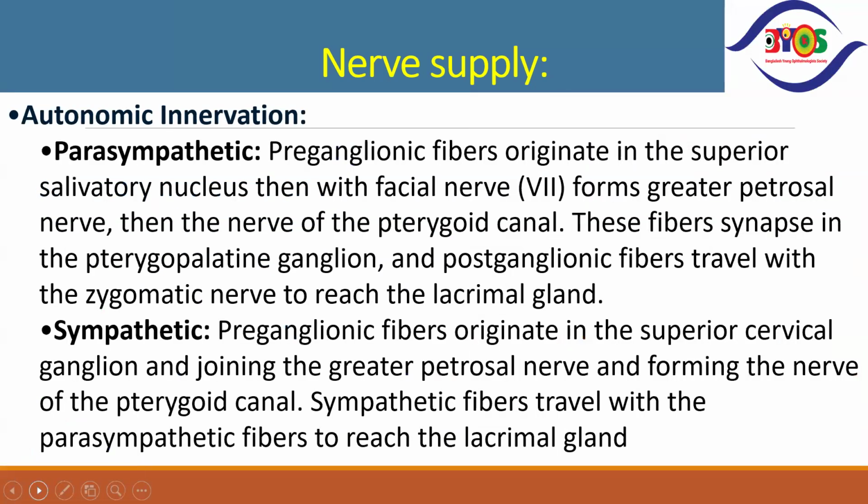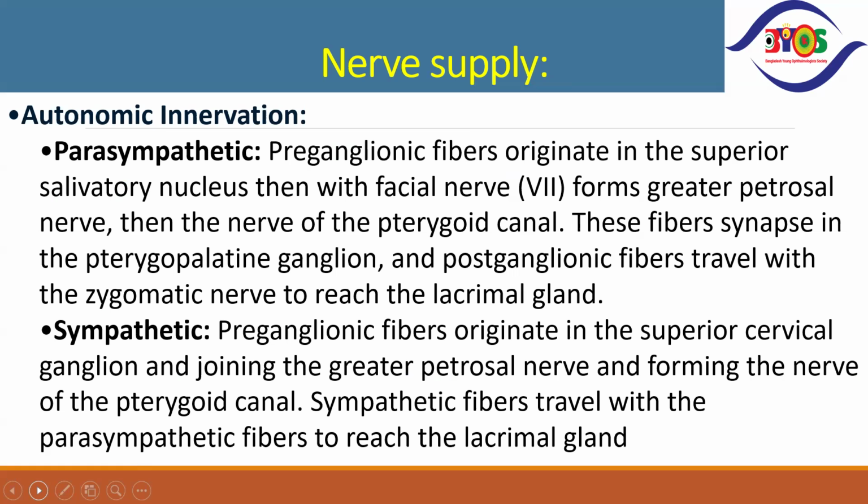Then the autonomic innervation, which consists of the parasympathetic, has preganglionic fibers that originate in the superior salivatory nucleus. Then with the facial nerve they form the greater petrosal nerve, then the nerve of the pterygoid canal. These fibers synapse in the pterygopalatine ganglion and postganglionic fibers travel with the zygomatic nerve to reach the lacrimal gland.